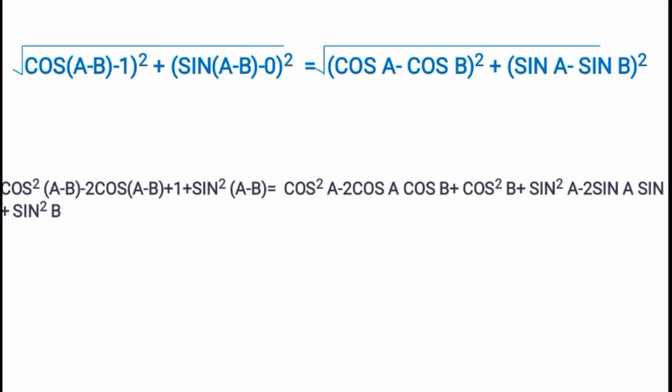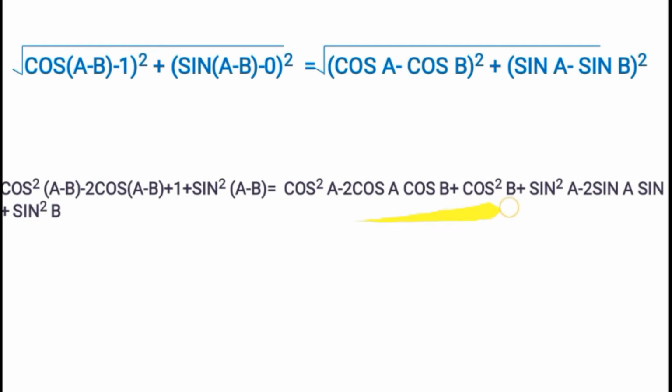Then equals, and now we have the cosine of A minus the cosine of B. Well, again, this is a binomial square. This is cosine A minus cosine B times cosine A minus cosine B. And then just multiply it out.